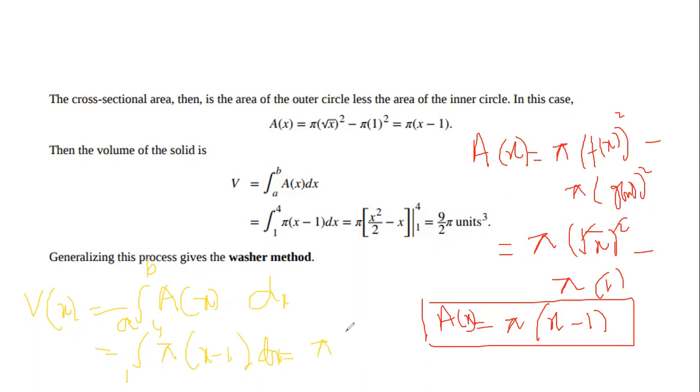Taking pi as a constant, integrating x minus 1 gives pi times x square upon 2 minus x, with limits 4 and 1. After putting in the limits, the value is 9 upon 2 pi units cube. In this way I find the volume using the washer method.